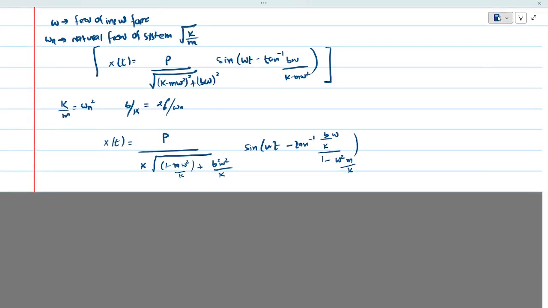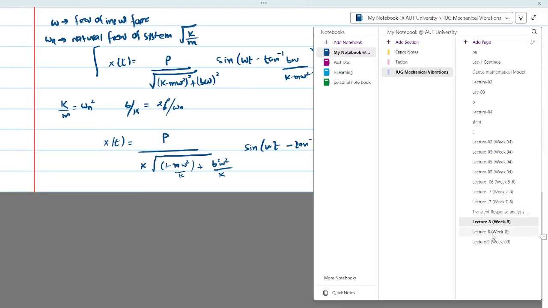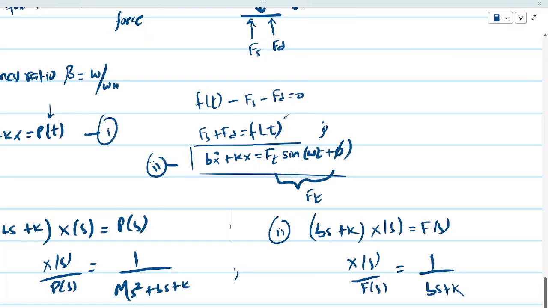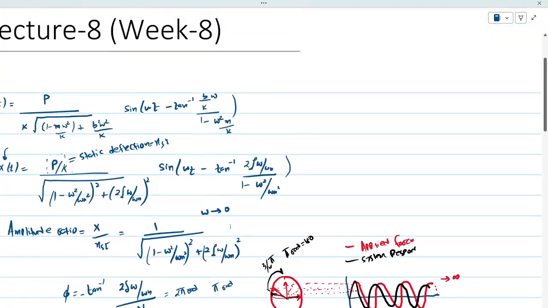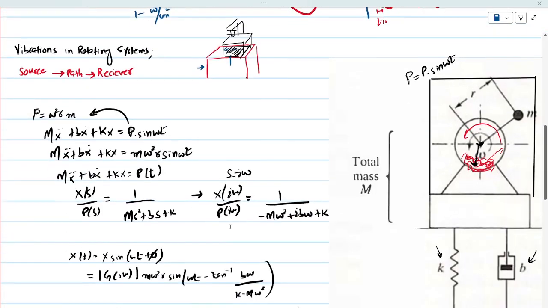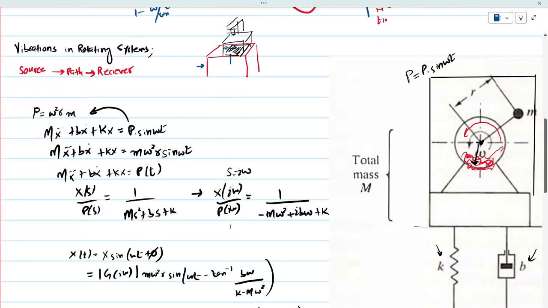And once we were aware of how to calculate the steady state response of a system without indulging in the calculation of the transient one, we studied how unbalance within the system can generate a certain force which can cause a vibration, and that vibration can be transmitted to the surroundings as well.